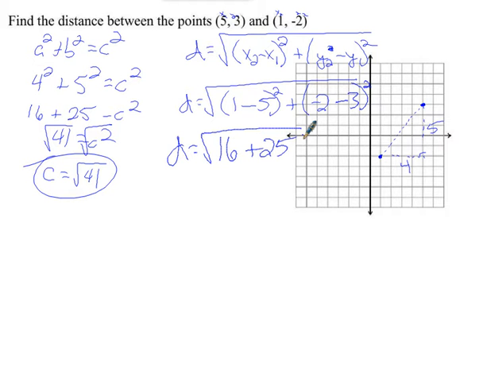Look familiar? We have 16 plus 25 here, 16 plus 25 here, so d equals the square root of 41. Exact same answer. So the distance formula really is just using the Pythagorean theorem without having to draw the sketch and count lines. It makes it easier. So that's why we need to know the distance formula.